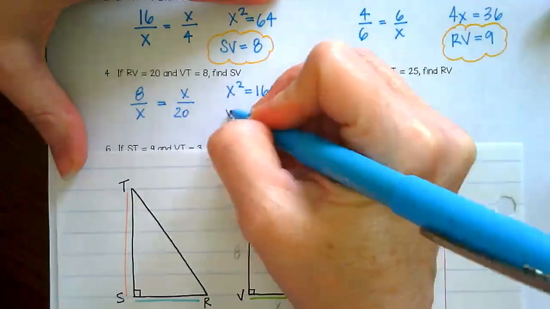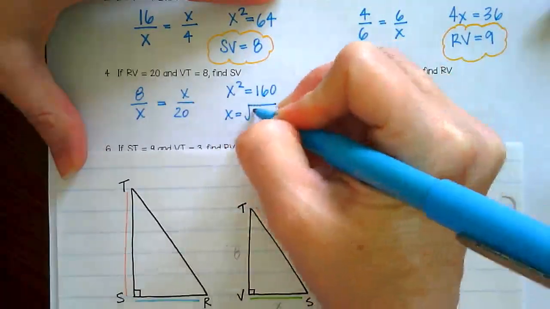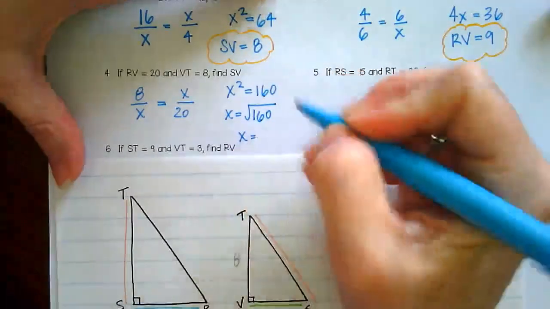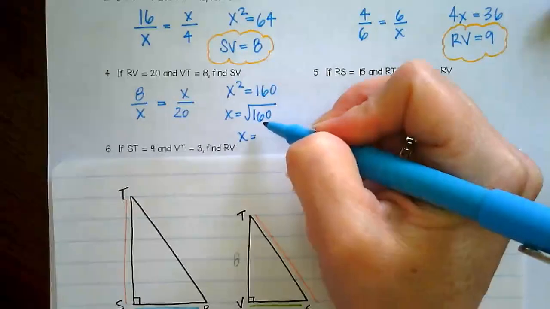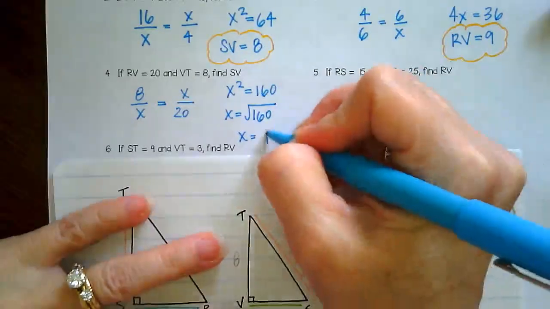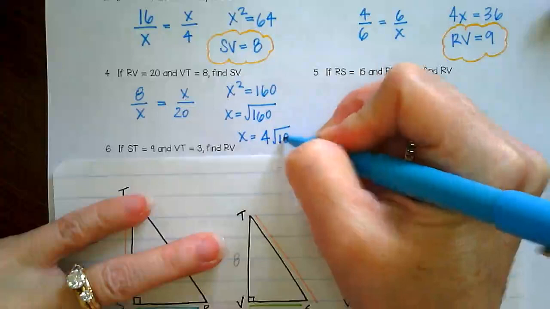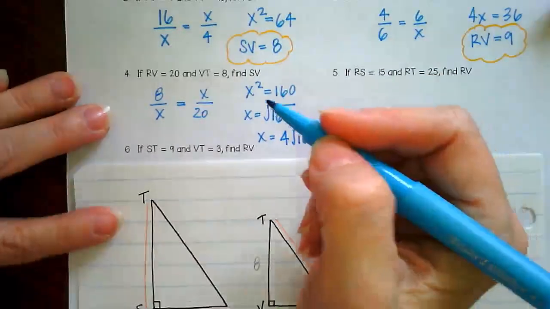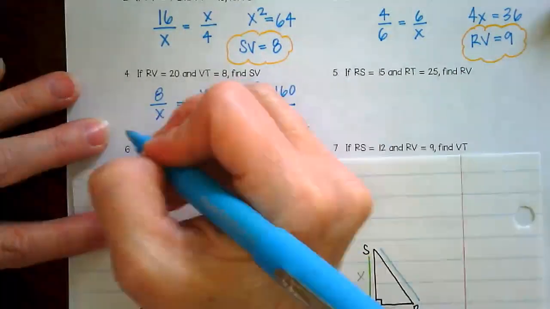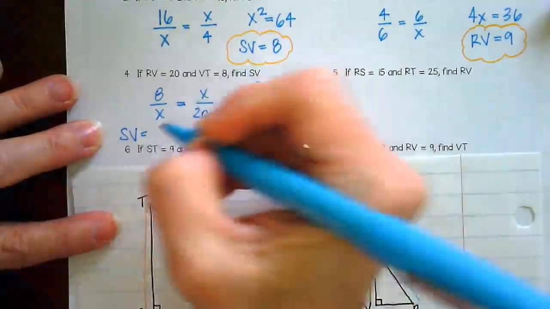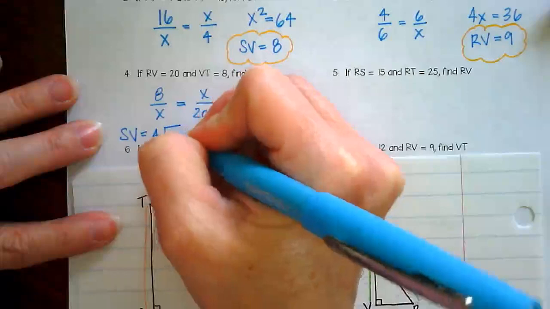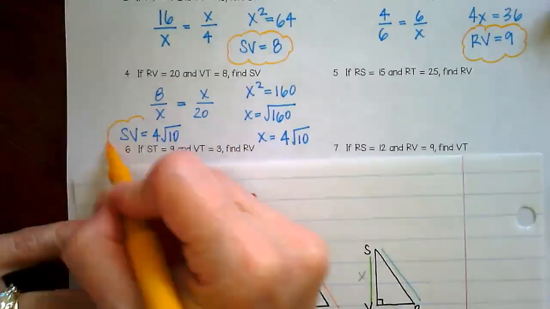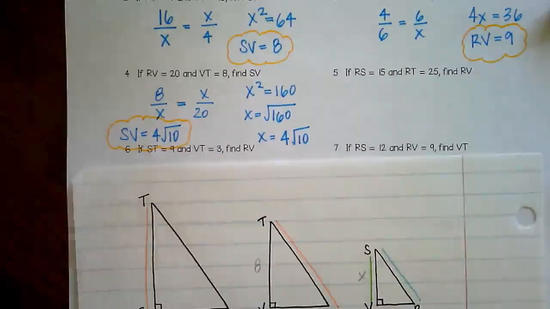So that means that X would equal the square root of 160, and I know that 16 times 10 would simplify to be 4 square root of 10. So, well, I kind of messed that up, but that's all right. So SV is 4 square root of 10. Alrighty, so there's number 4.